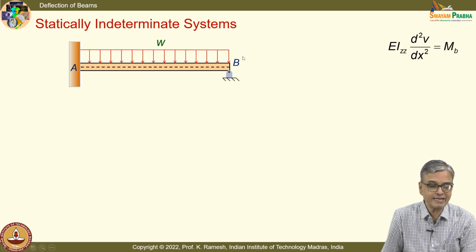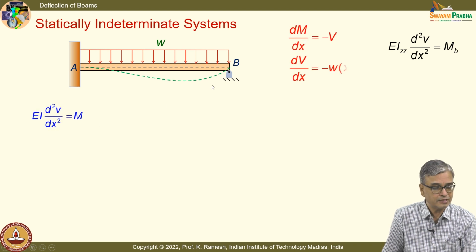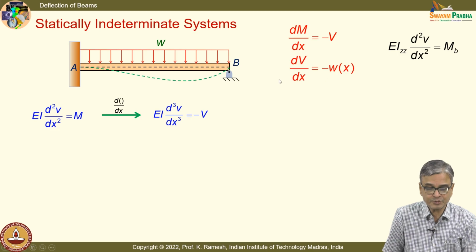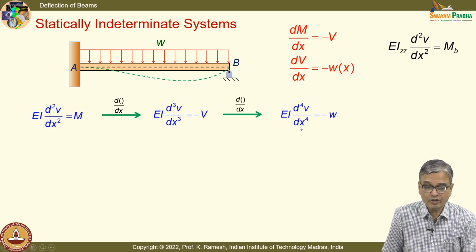And I said for a statically indeterminate system, if I have the load deflection curve, it is much easier for us to do. I have EI d squared V by dx squared equal to M. I have dM by dx equal to minus V, dV by dx equal to minus W. So, when I differentiate this and use this identity, I get EI d cube V by dx cube equal to minus V. And when I substitute this, I would essentially get W without a minus sign, but in this problem, W is in a negative direction.